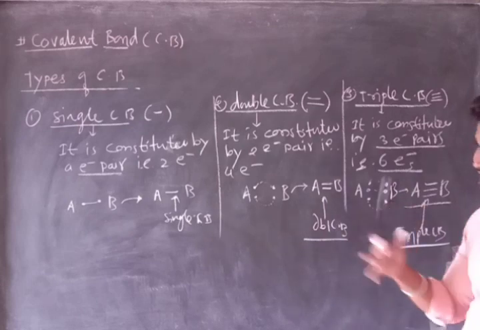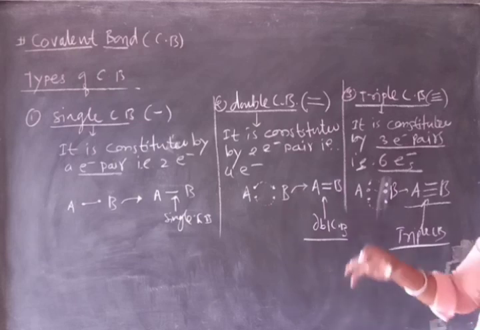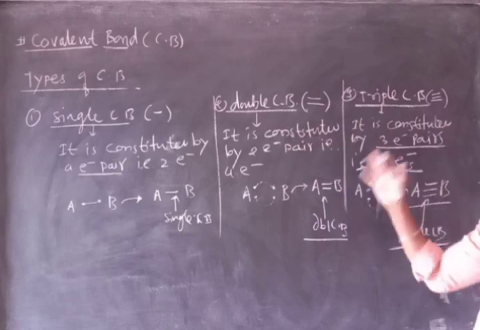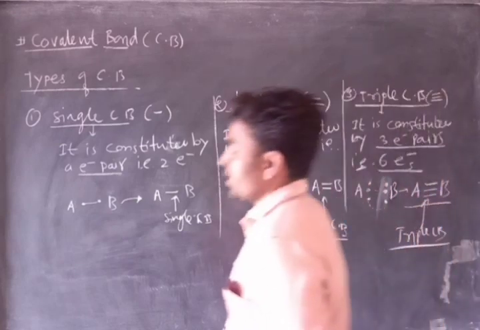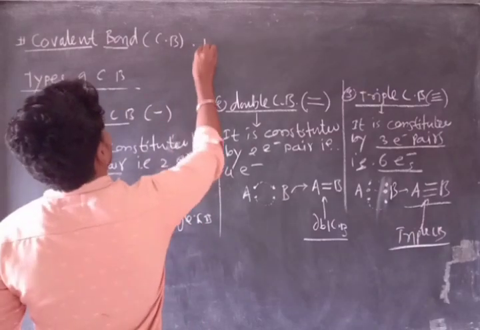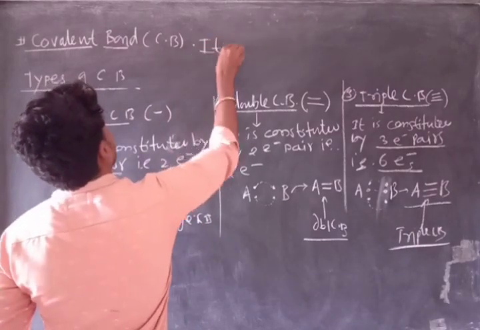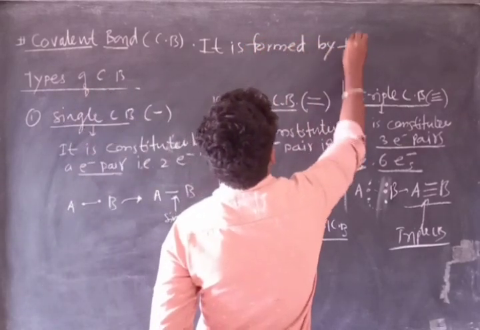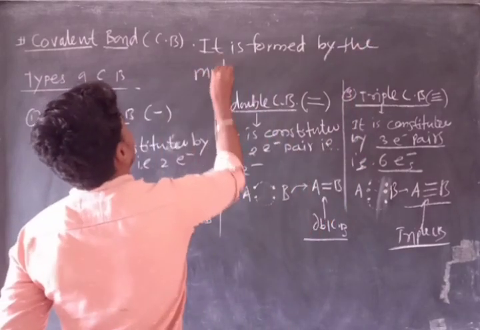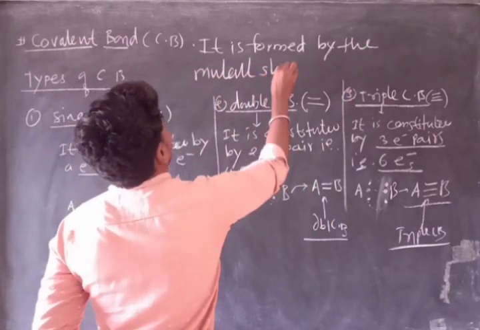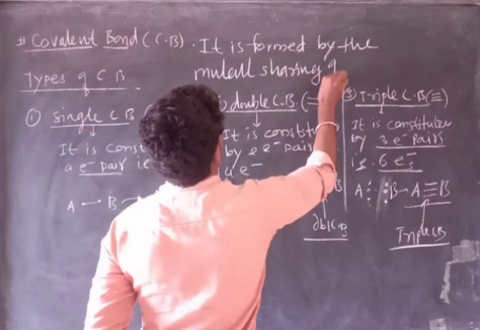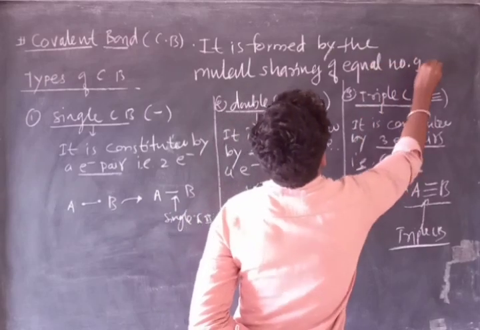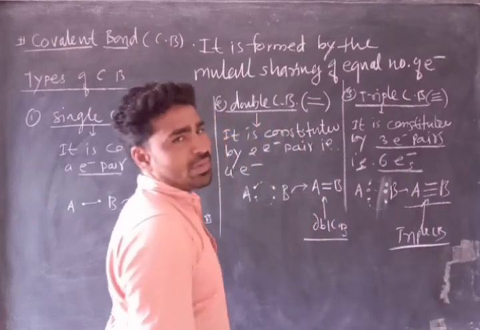So we have shared, in a beautiful and concise way, the formation of the different covalent bonds between two atoms, and mostly I would like to share again that this is formed by the mutual sharing of an equal number of electrons of combining atoms.